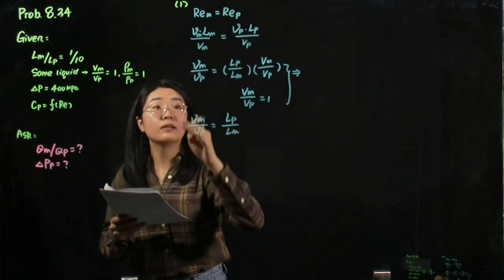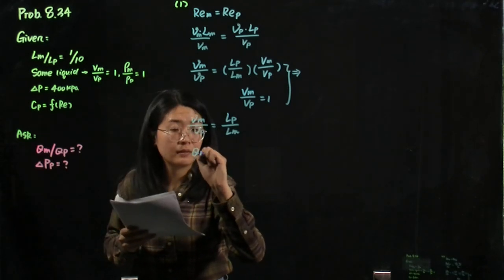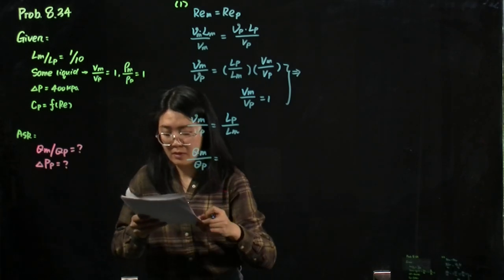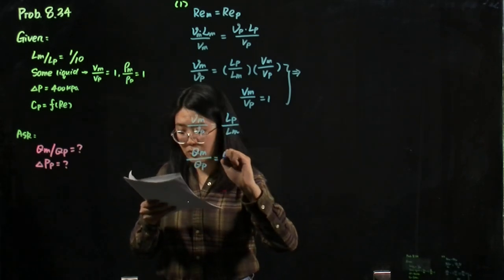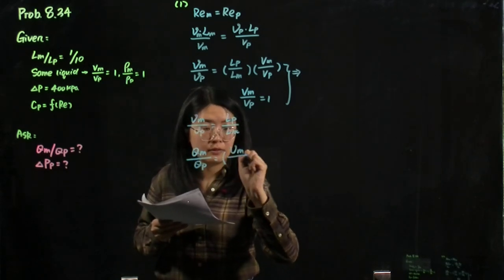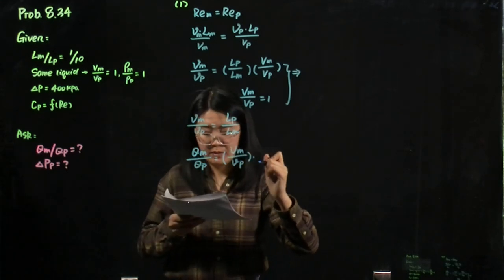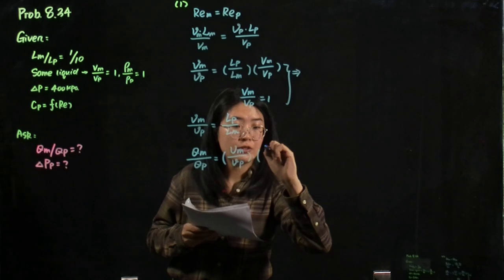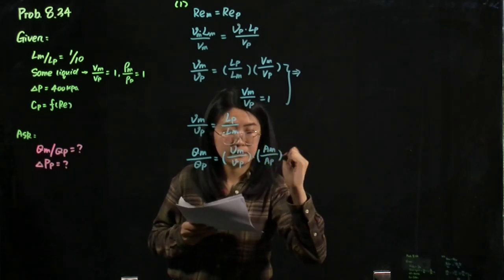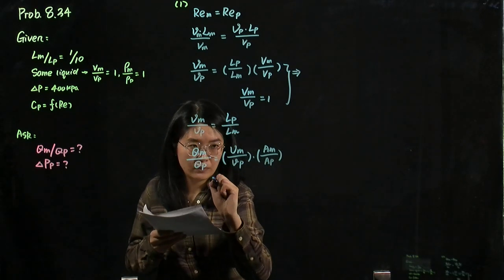And then we can determine the discharge ratio. The discharge ratio equals the velocity ratio times the area ratio.